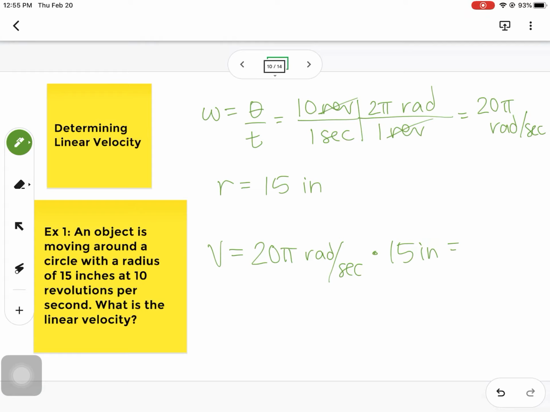And so it's going to be in inches when we're done. So when I type this in, I do 20 pi times 15. It's 942.5. If I round to the nearest tenth, this is going to be inches per second. So that's how many inches I'm going every second. And again, because this is radians, this basic multiplying by the radius really just calculates my circumference of that circle.